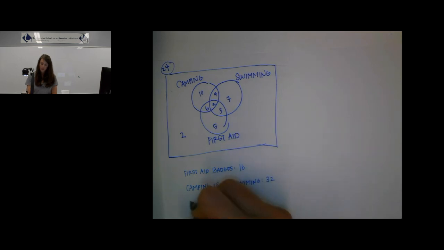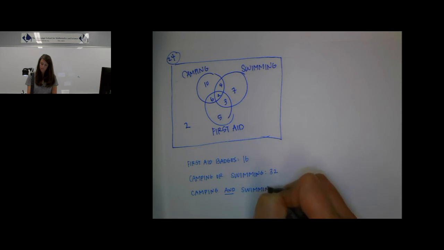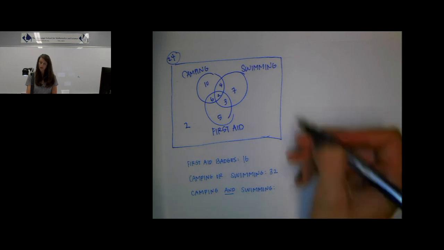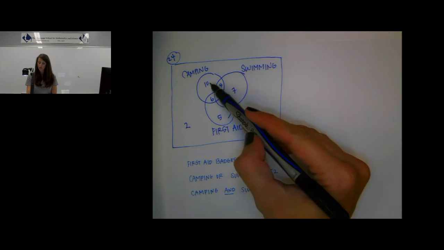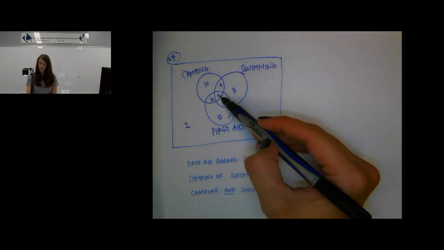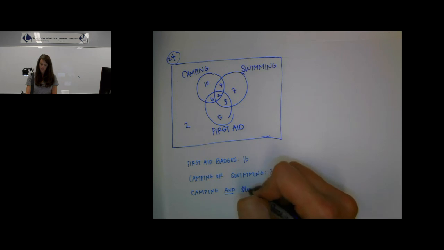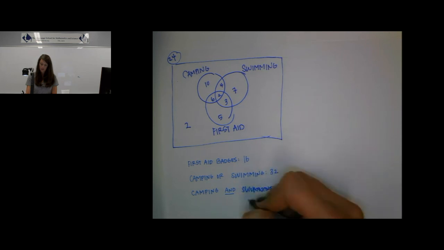Okay, what about camping and swimming? Okay, so camping and swimming, so where they intersect, so 4 plus 2, oh no, I'm sorry, camping and, sorry, camping and first aid.